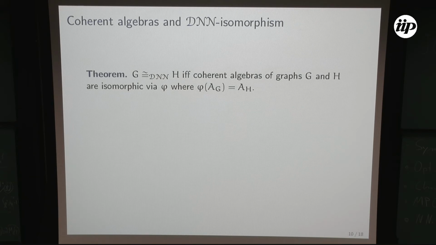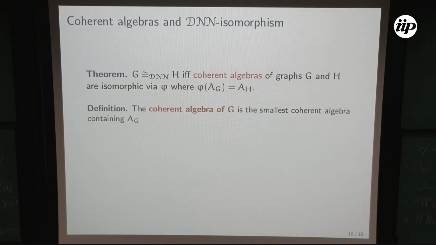Now I'm going to tell you what the coherent algebras are. First, the coherent algebra of a graph is the smallest coherent algebra which contains the adjacency matrix of graph G. Now you ask me, but what's a coherent algebra?